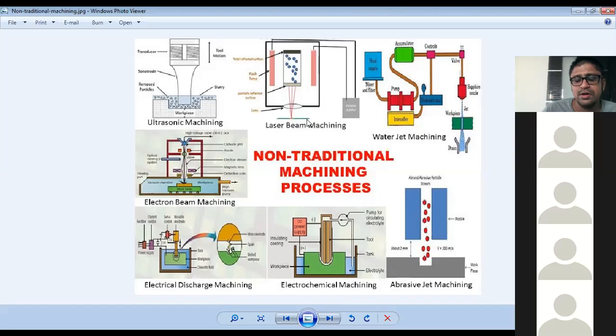So after machining, your component may have a huge amount of residual stresses, and those residual stresses may not deliver the fatigue or creep properties under application. So if fatigue is the main property I am looking for in my component, I have to think whether to go with the laser beam or not.